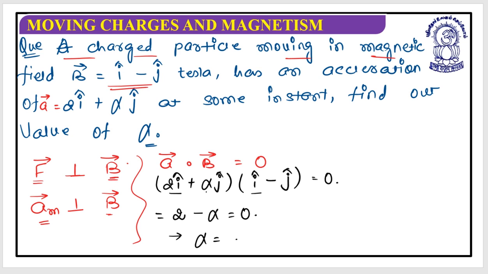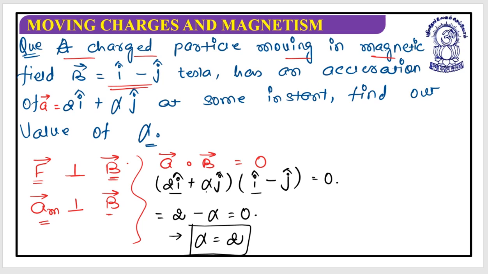So alpha is equal to 2. This would be the answer. You did it. Great. I hope the things are clear. Are you comfortable with this so far?